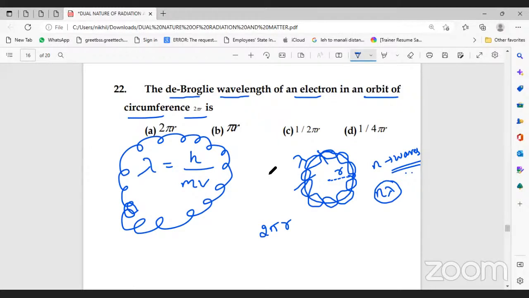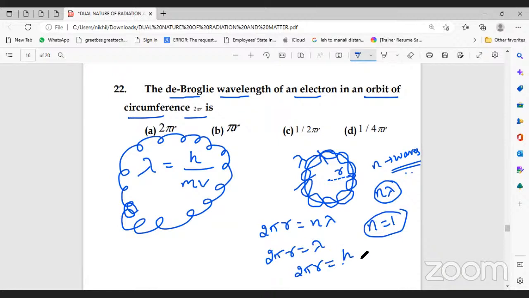So what will happen? If n number of waves are formed on the circumference, 2 pi r should be equal to n lambda. What is lambda? It is the de Broglie wavelength. So if I assume for the first orbit itself n equals 1, then 2 pi r is equal to lambda.